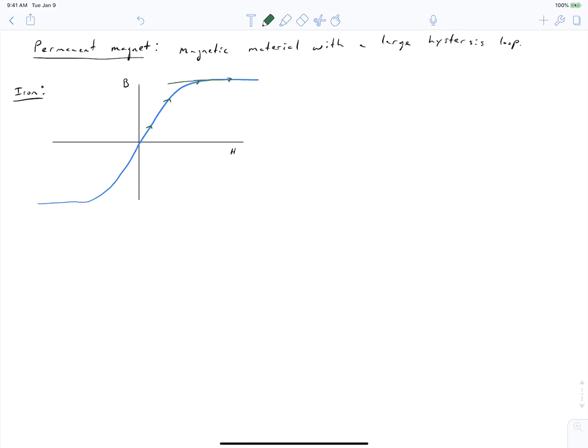We end up actually observing a behavior like this. That is, we have hysteresis. We don't trace back our original path exactly. If we then start to apply H in the other direction, we get a characteristic like this. And this is a bit of an exaggerated curve, but this is to demonstrate the point here.